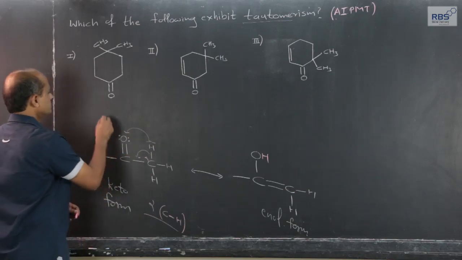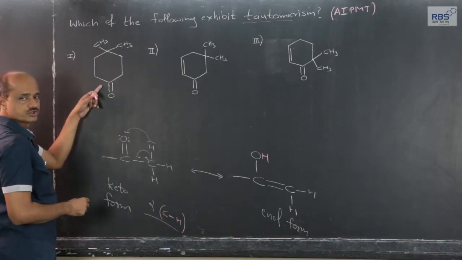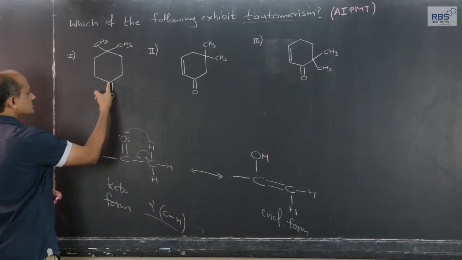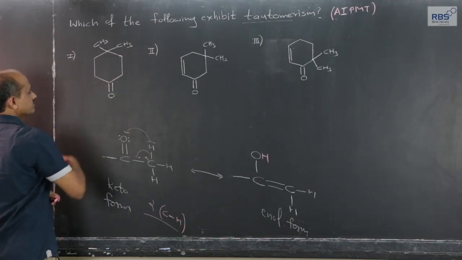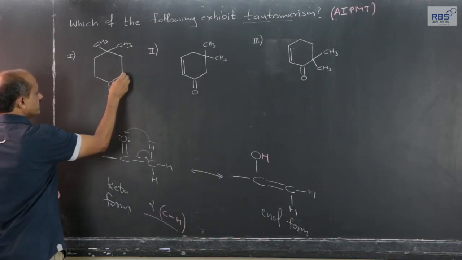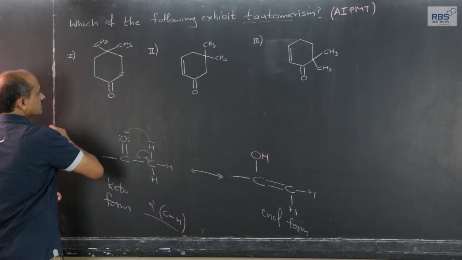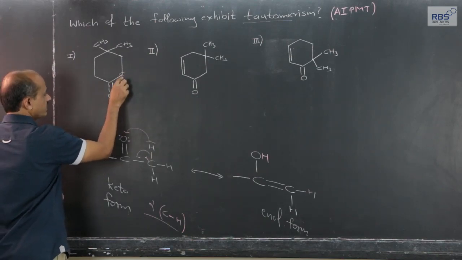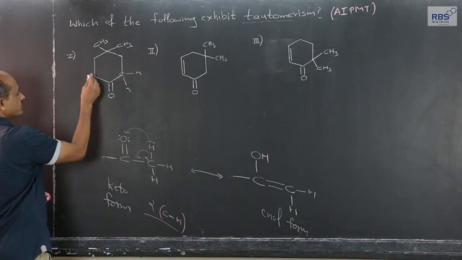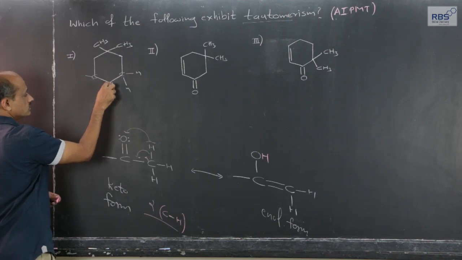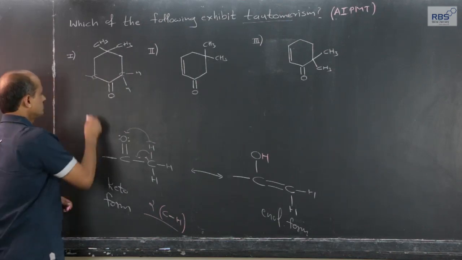then let us apply here. This is a cyclic ketone, a ring of carbon atoms and the alpha carbon atom. Alpha CH bonds, two hydrogen atoms are present here. Same is true for here, the alpha carbon atom, the carbon directly attached to the carbonyl carbon, the functional group carbon.